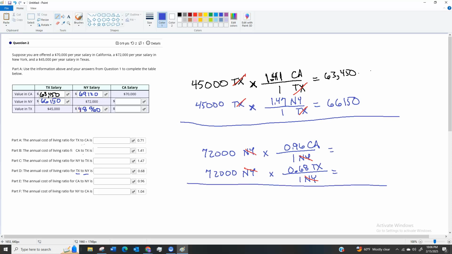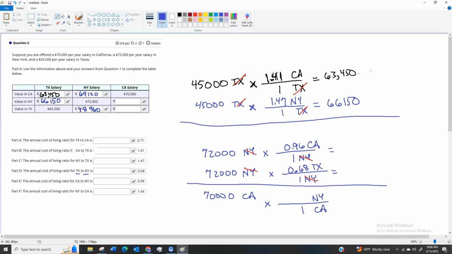Okay, and then last but not least, we're going to start with California's salary and see how that would compare in New York and Texas. So we're going to start with 70,000, and that's for California. And we're going to multiply it by, we want California on the bottom, and we're going to do New York first. So we want a New York to California ratio.